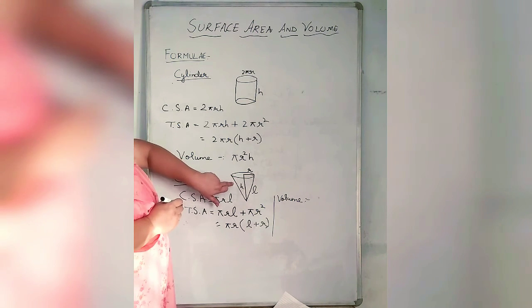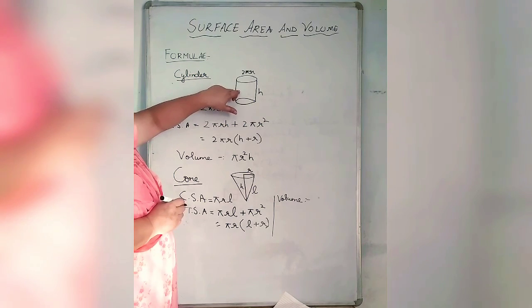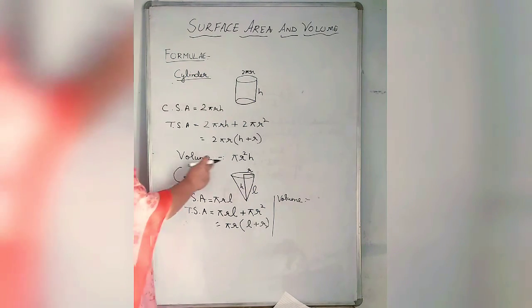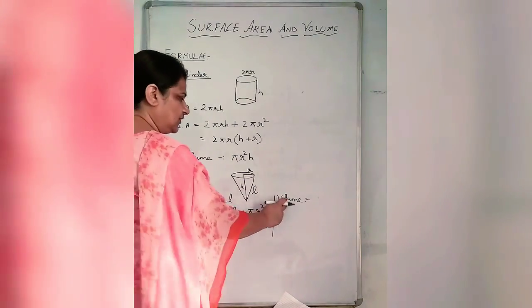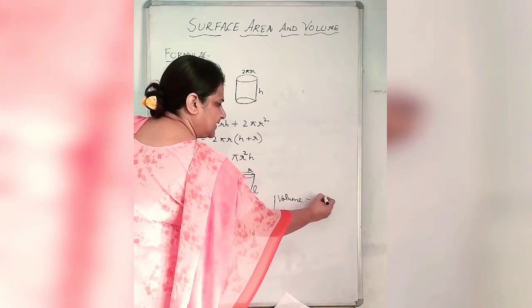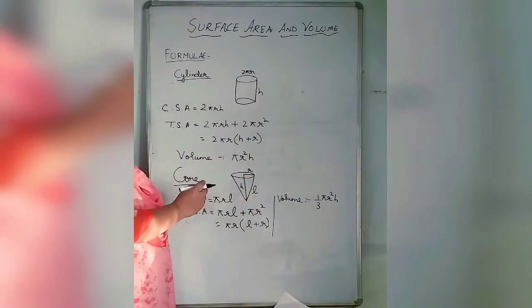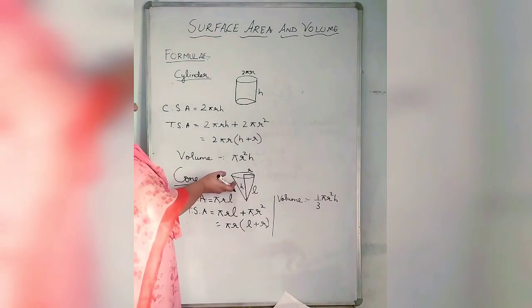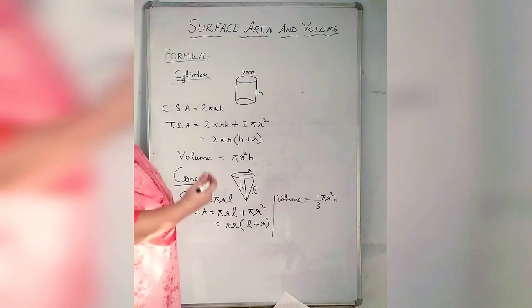This means the cone's volume is 1/3 of the volume of the cylinder. The volume of cylinder is pi r square h. So in that case, the volume of cone will be 1/3 pi r square h, which describes that a cylinder comprises the volume of 3 cones with same radius and same height.